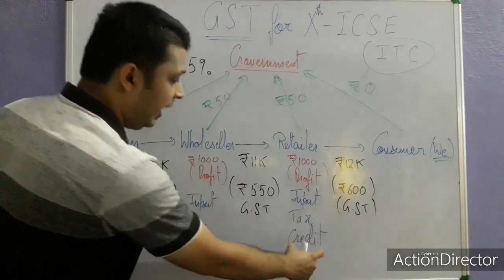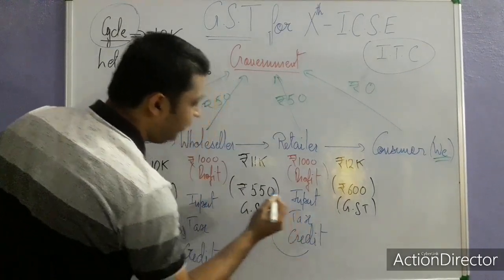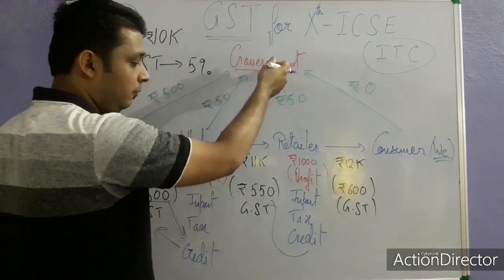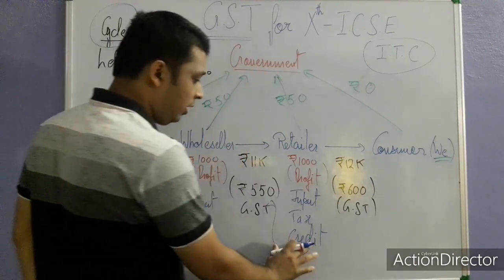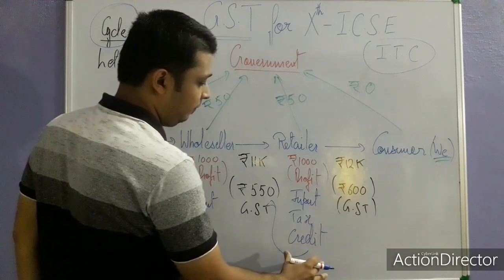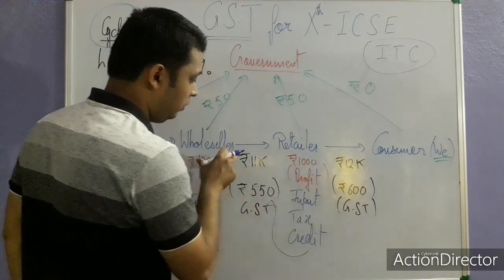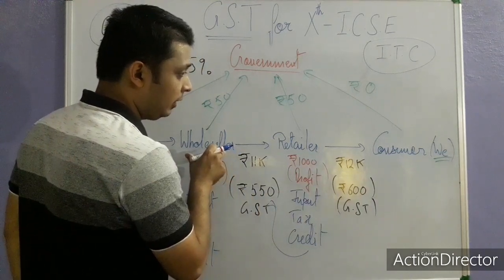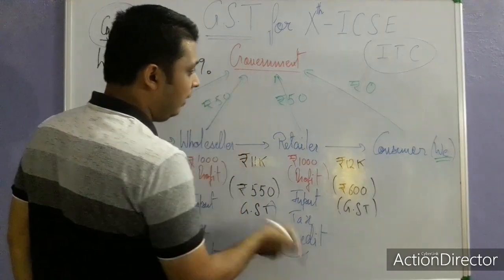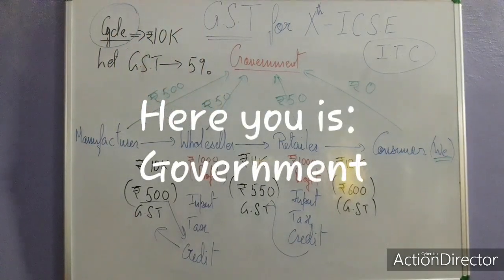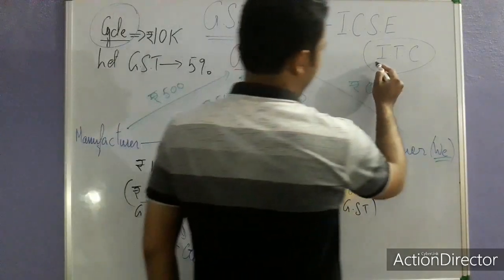No. He already has a credit of rupees 550 which he has given to the wholesaler, to be given to the government. So what does he say? I have the credit of tax which I have already paid as input to you, that means the wholesaler. So I will give you the balance of it. So this is the idea of the input tax credit.